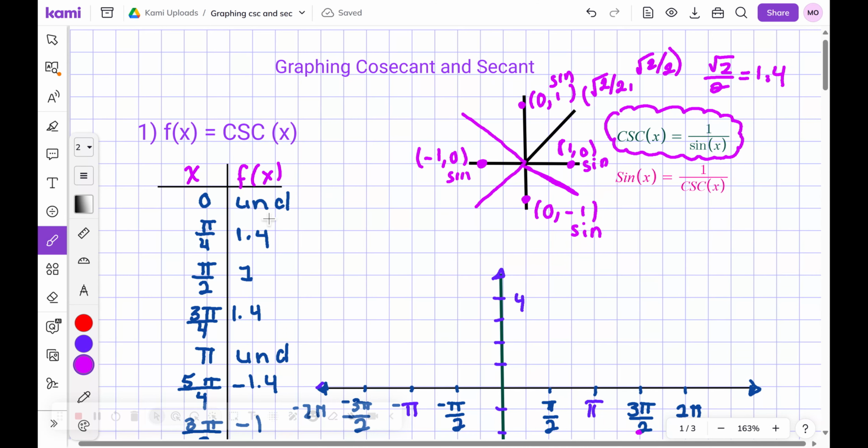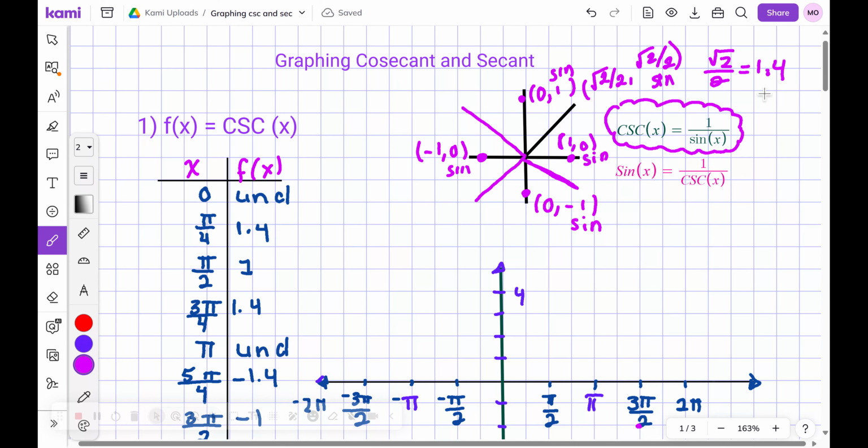Cosecant of pi over 4 is 1 divided by your sine. If you do 1 divided by radical 2 over 2, you're going to get 1.4. So just believe me and memorize that cosecant of pi over 4 is 1.4. Actually, I'm pretty sure you guys are not going to believe me, so let me do it.